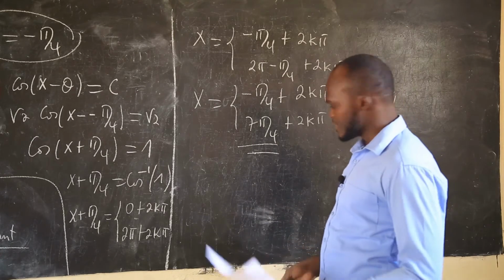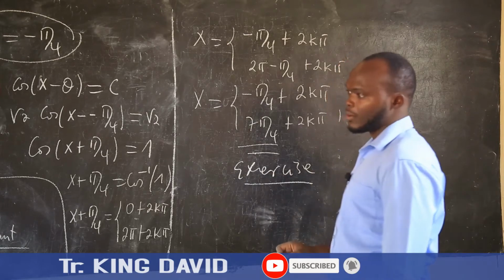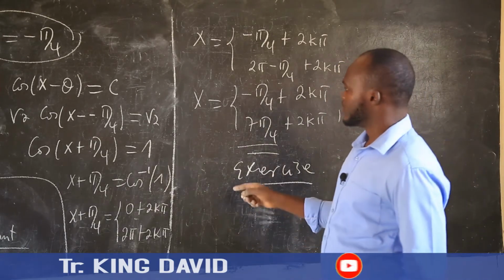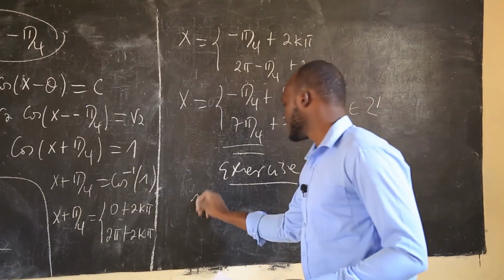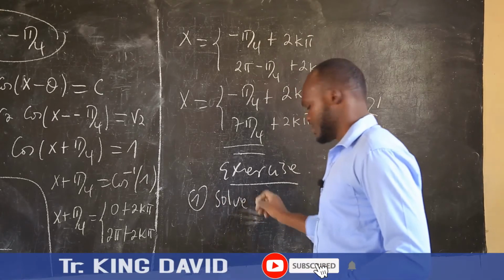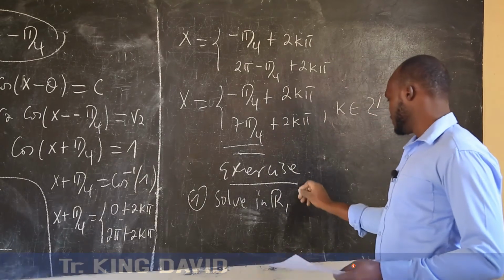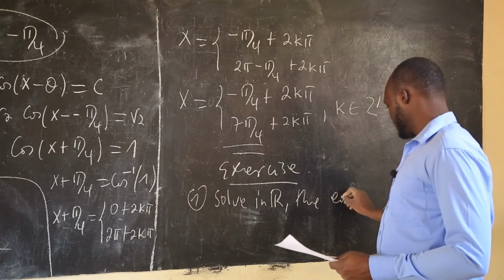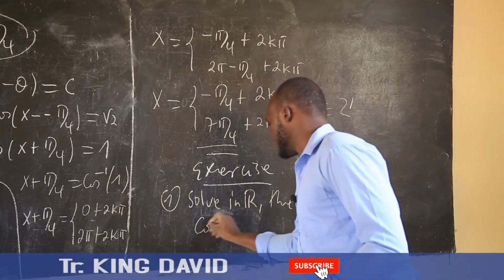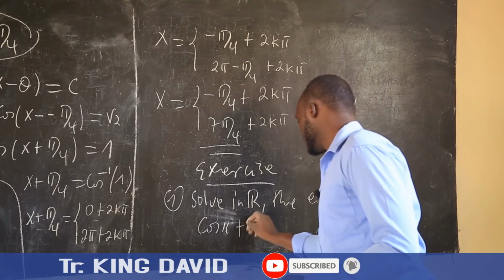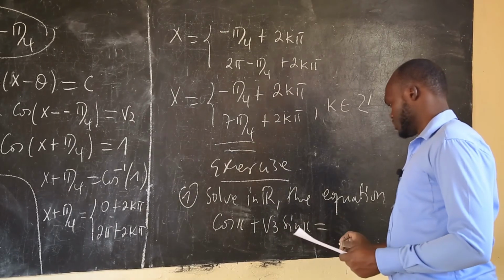So let me give you exercises that will help you understand how we can solve equations of that form. Exercise number 1: solve in R the equation cos x plus root 3 sin x equal to root 3.